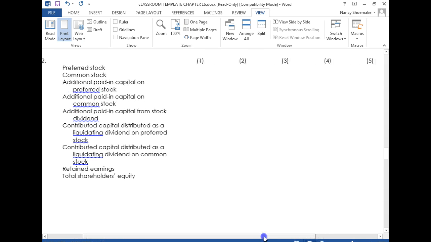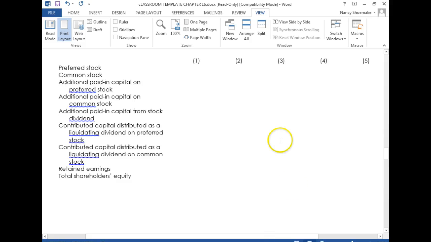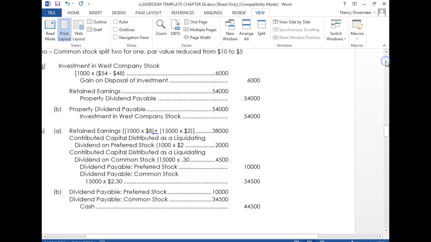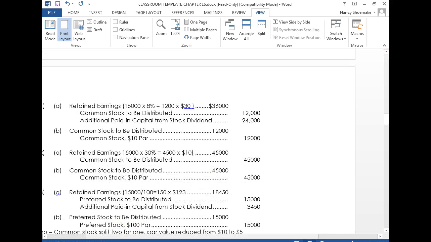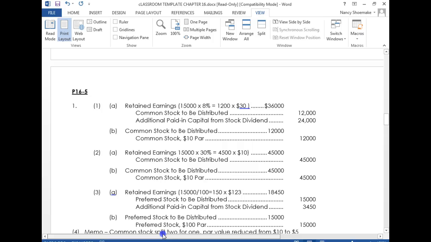So, our preferred stock, for number 2, or do we start with number 1 here?